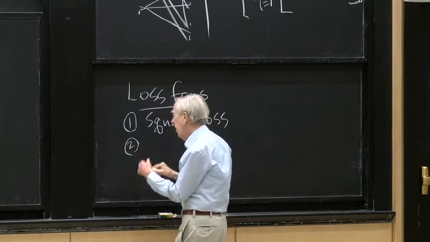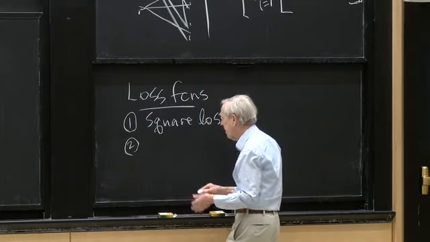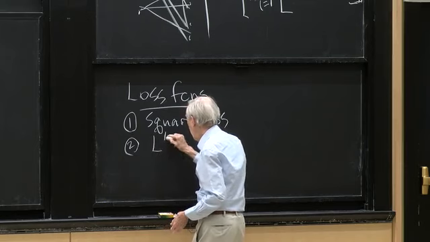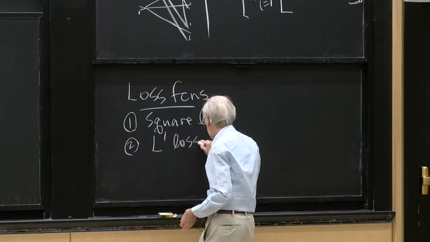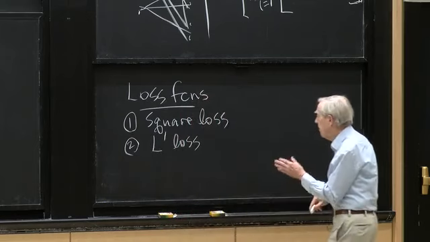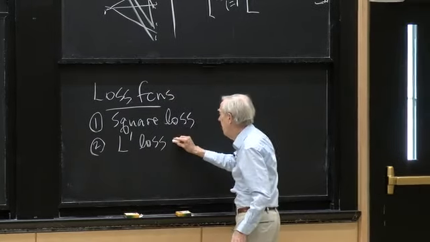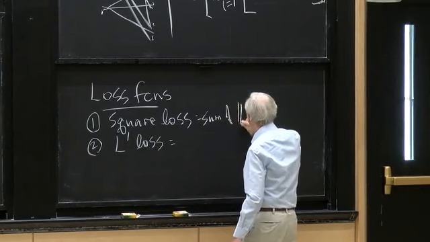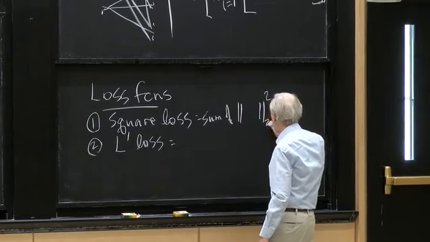And number 2, I've never seen it used quite this directly, would be the L1 loss, maybe the sum of L1 norms. This is the sum of these errors squared in the L2 norm.